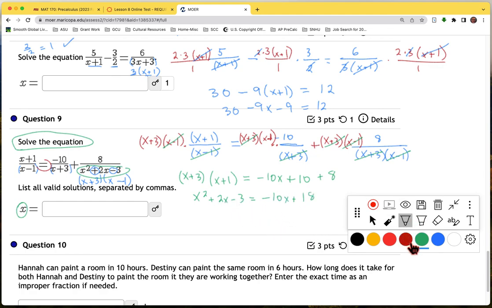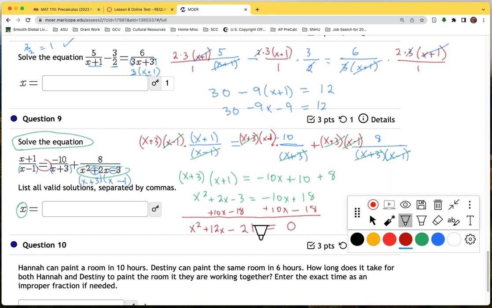So let's add 10x and subtract 18 at the same time. The reason we do that is that quadratics are easier to solve if we get a quadratic equal to 0. So we get x squared plus 12x minus 21.